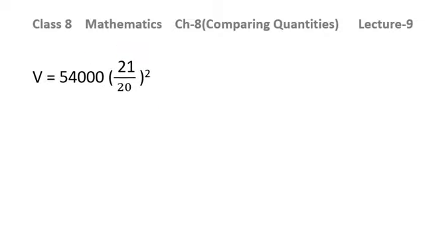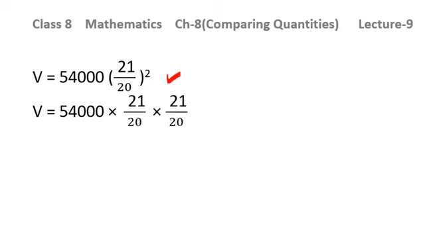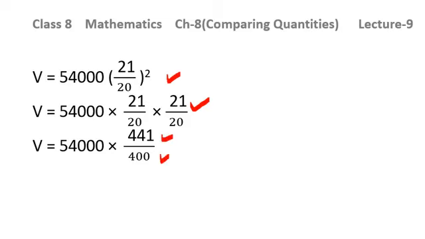Then V is equal to 54,000 into 21 over 20 raised to the power 2. So 21 over 20 will be written twice because time is given to you as 2 years. So like this, you can take the square of 21, that will be 441. Square of 20 is 400. Rest this will be written as it is.